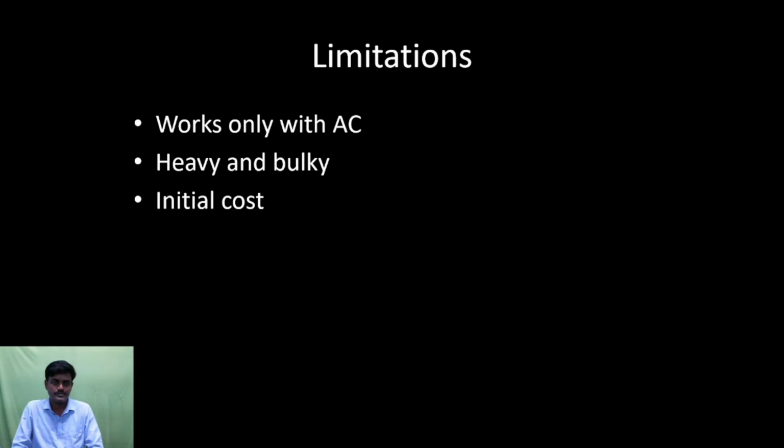Suppose I connect this transformer to DC, nothing happens in the secondary side. Even though I am giving the supply to the primary side, if I give a DC supply to the primary side, in the secondary side I can't get any value, since there is no rate of change of flux in that particular coil and nothing links with the other coil.